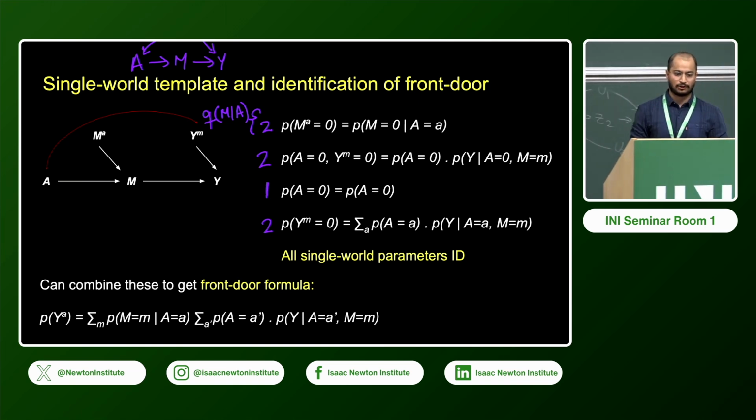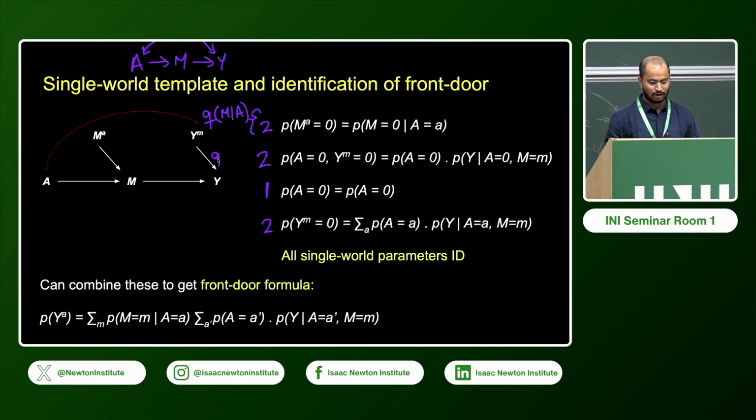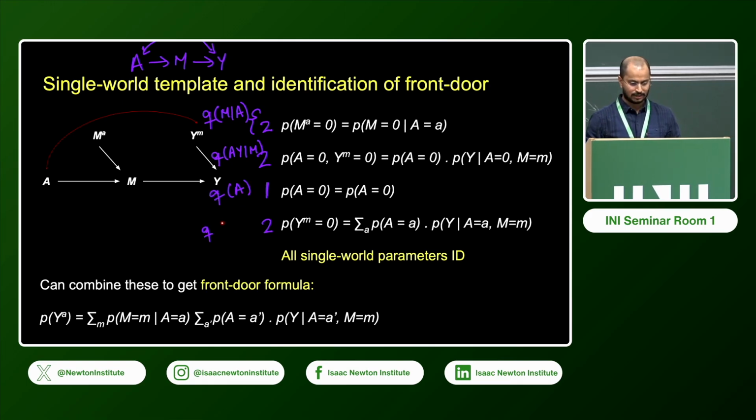That's a kernel Q of M given A. This is a kernel of A and Y given M. This is a kernel of just A, and then this is a kernel of Y given M.